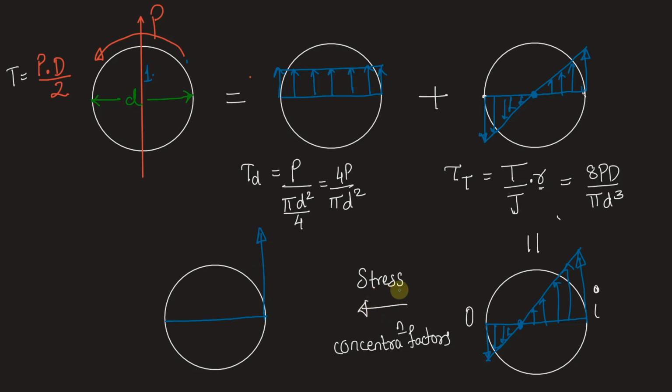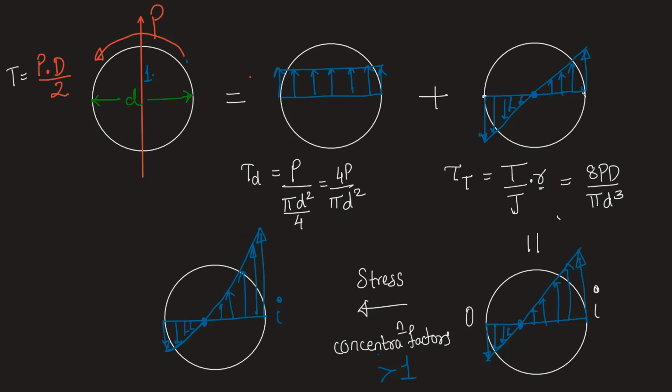Obviously, we do not decrease the stress value ever, because we have to be on the safe side in design, and so for safety reasons, stress value is never reduced. These correction factors are always greater than 1, and hence the stress value will increase only on the inside edge, while on the outside edge it remains the same, and we have a distribution somewhat like this.